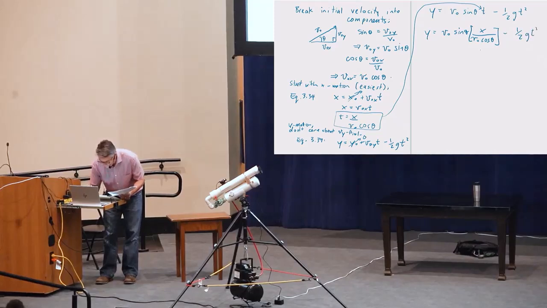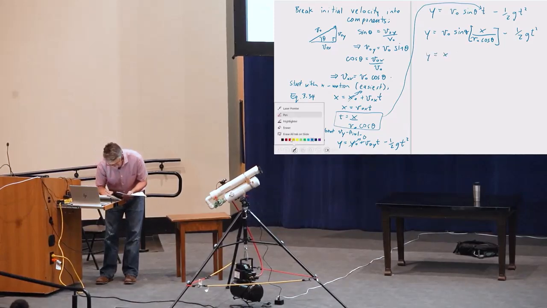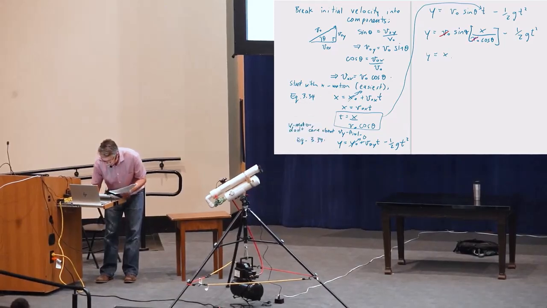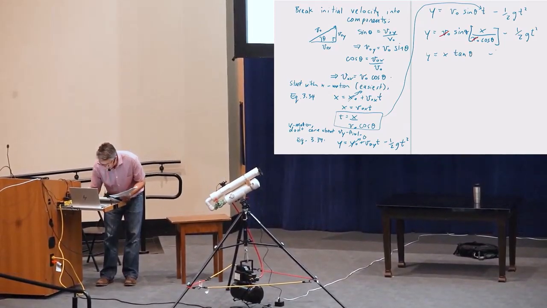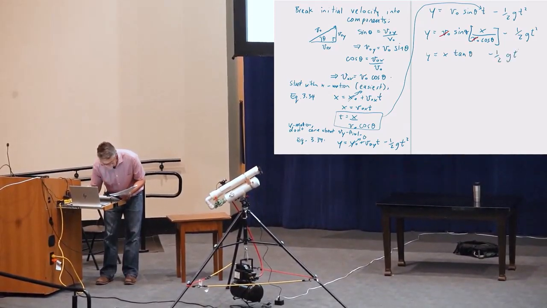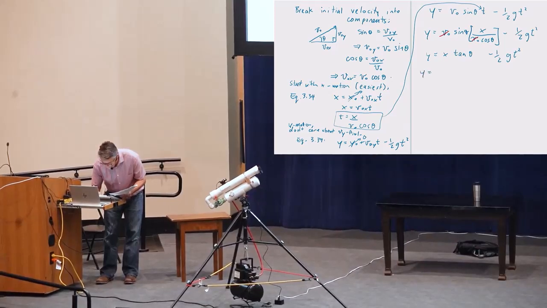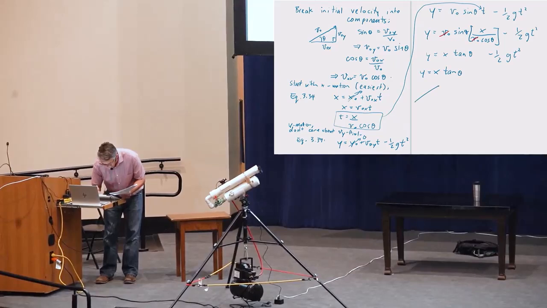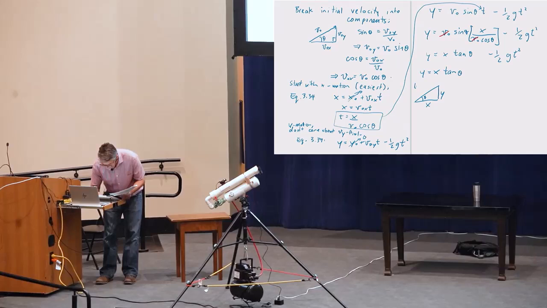And then I think the v0's cancel. There's v0 on the top and the bottom of that thing. So you get y is equal to x tan theta, because tan theta is sine over cos, minus 1/2 gt squared. So y is equal to x tan theta. You think of the displacement here. If this is y and this is x, and this is theta, then tan theta equals y over x.